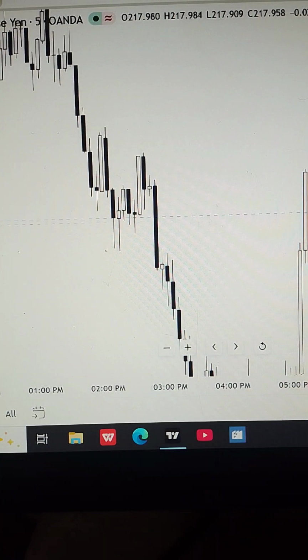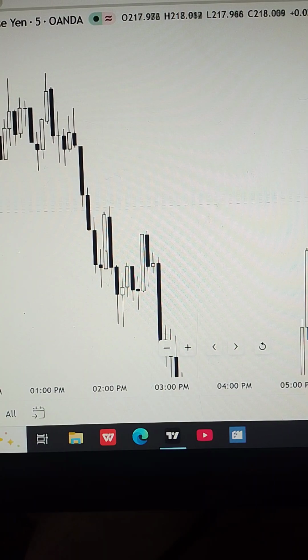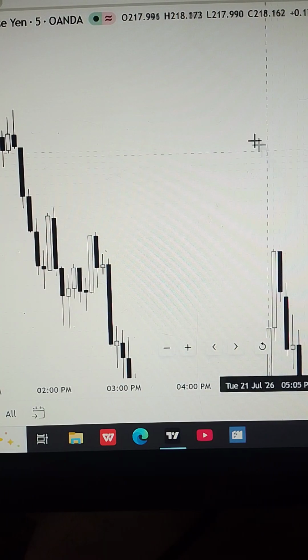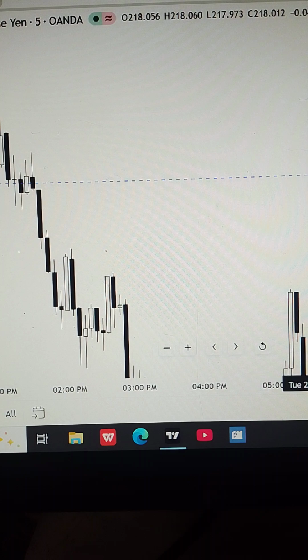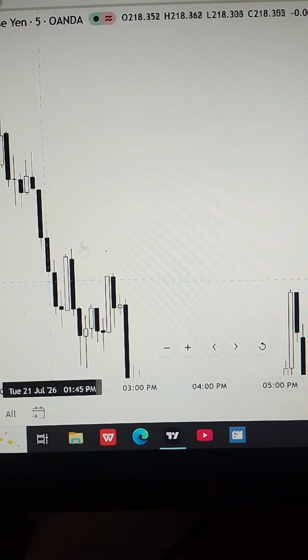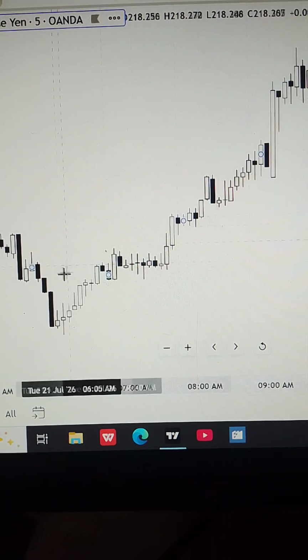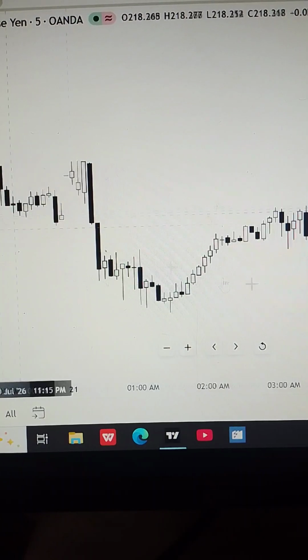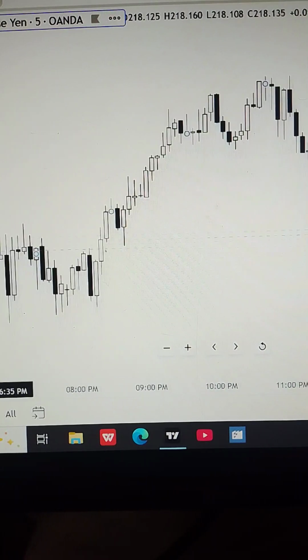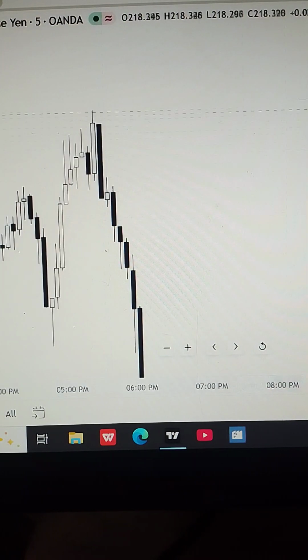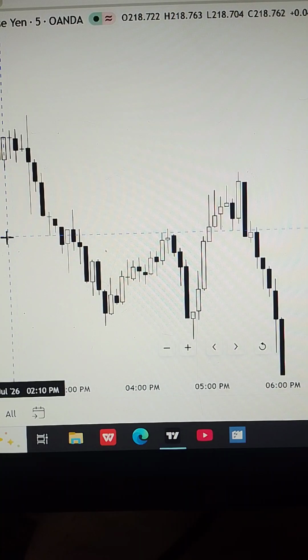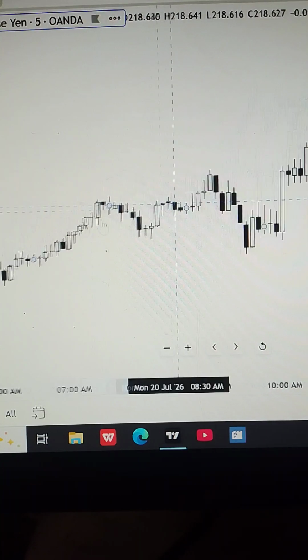So I've said you add more positions after every 5-minute candlestick. I'm looking for a perfect example.